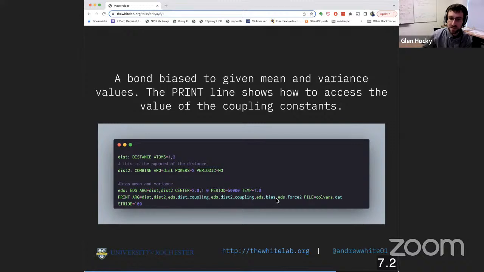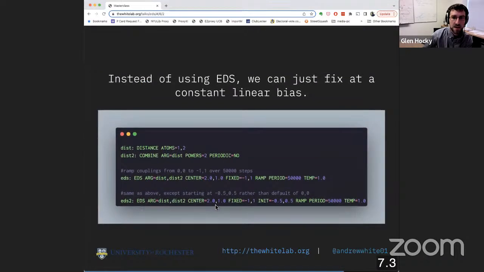And then there's the total bias applied and the squared force, which you can print out every so often. You can also fix a bias, and you can ramp up to it linearly in case you know what your target value should be, or you just want to choose some other linear bias. So that's what's in this one, right?